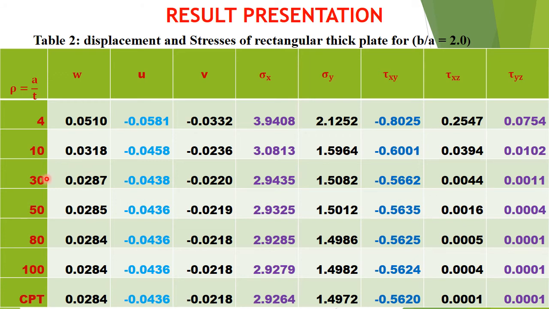We now find that the value at 30 is almost equal to the value of CPT. And then we have the shear stresses here. We find out that from the overall values, the increment we have as the span to thickness increases, the value of these quantities decreases.